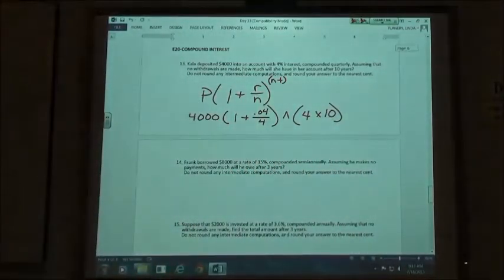Now if you really wanted to, you could just do to the 40th power and then you didn't have to do all the parentheses, but if I'm just strictly following the formula, it looks something sort of like that. And these ones we are rounding to the nearest cent, it says.